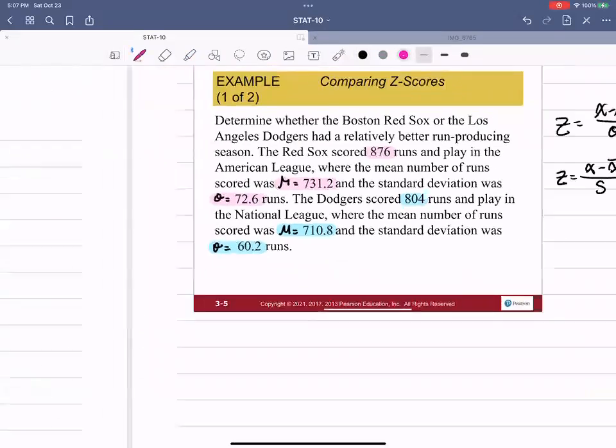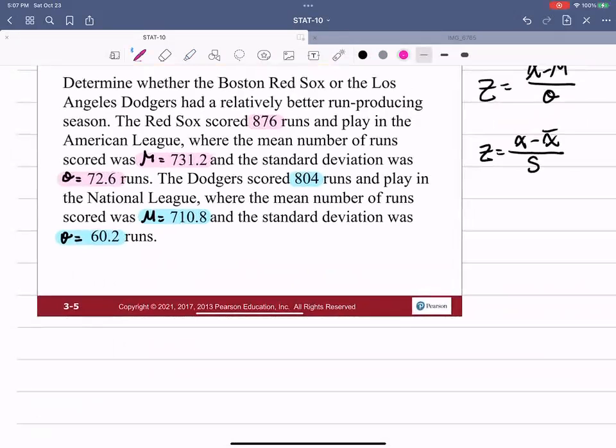So let's start with the Boston Red Sox first. For the Boston Red Sox, what we're going to do is identify everything. X in this case is 876, and they already told us the mean is 731.2, with a standard deviation of 72.6.